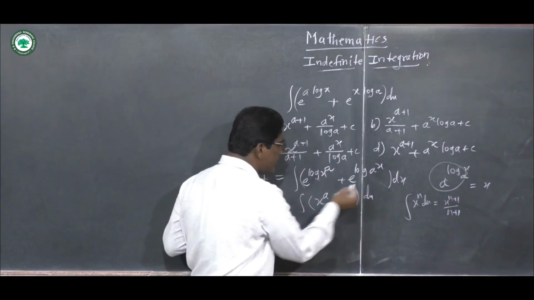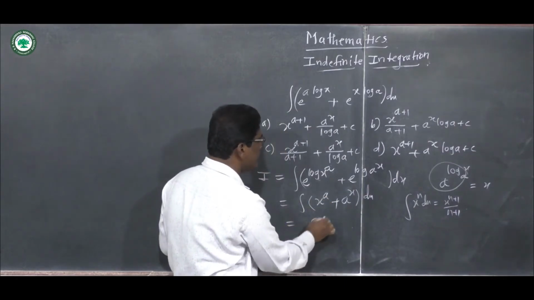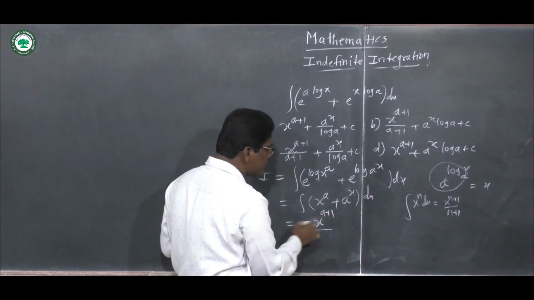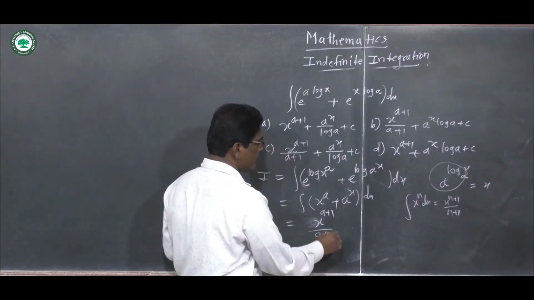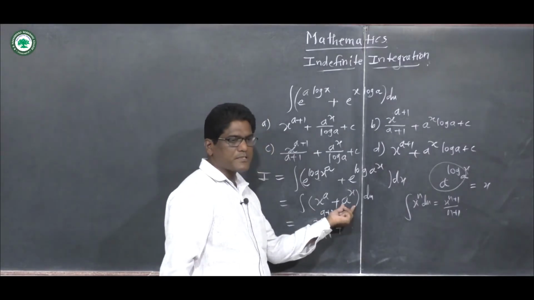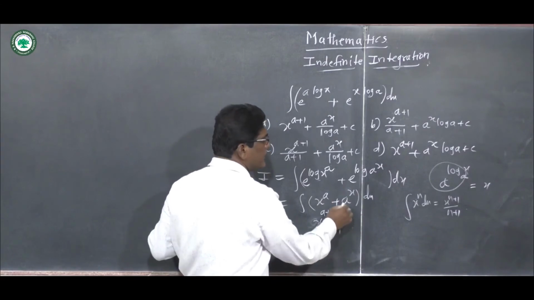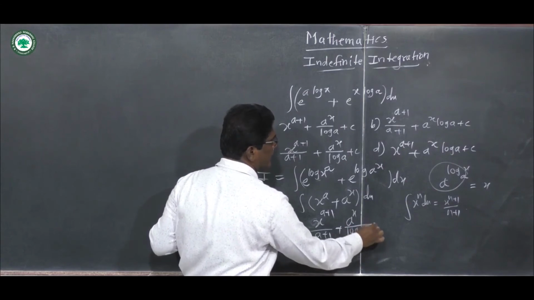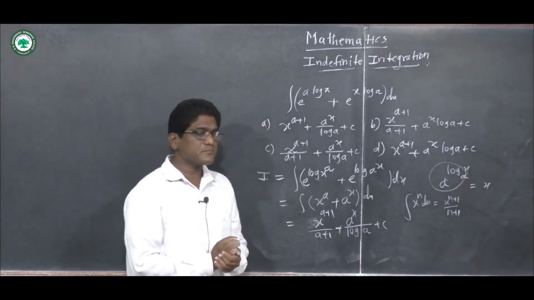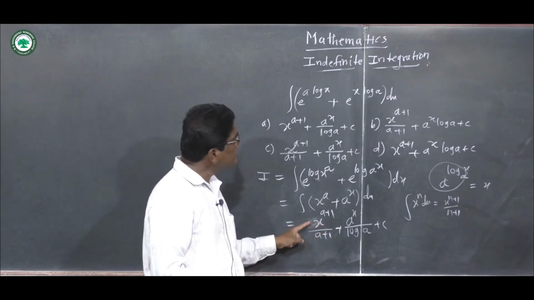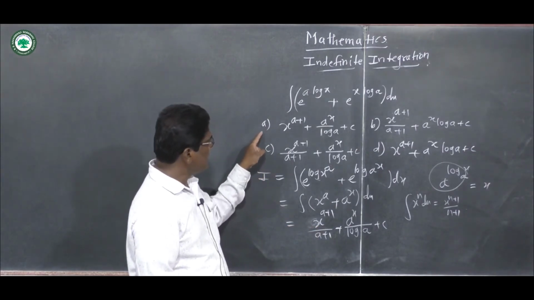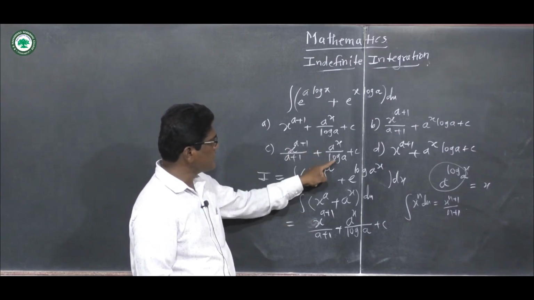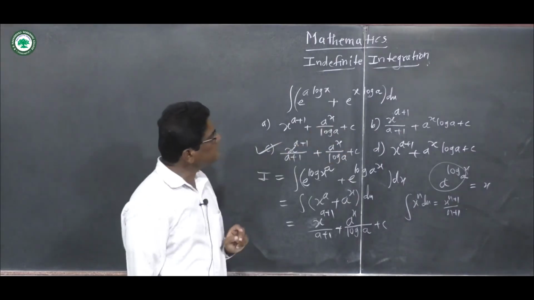Here instead of n we have a, so we write x to the power a plus 1 upon a plus 1, plus the integration of a to the power x. We know the standard formula: the integration of a to the power x is a to the power x upon log a plus constant of integration. This is the correct answer. So the answer here is x to the power a plus 1 upon a plus 1 plus a to the power x upon log a plus c. So C is the correct answer.